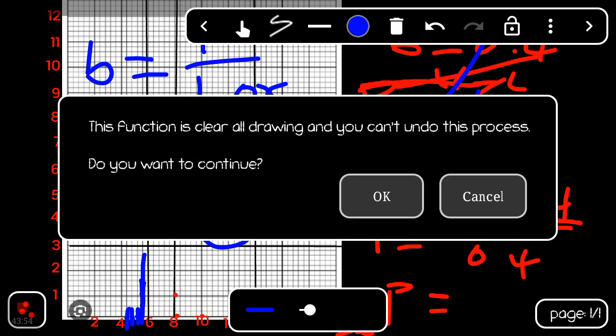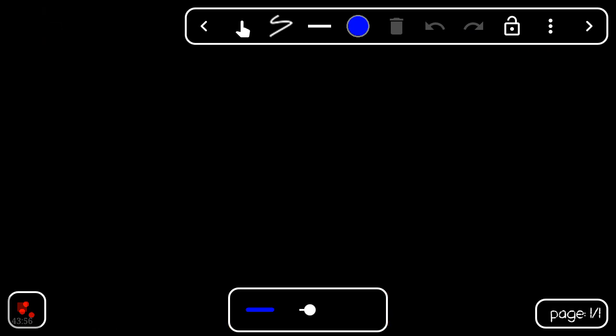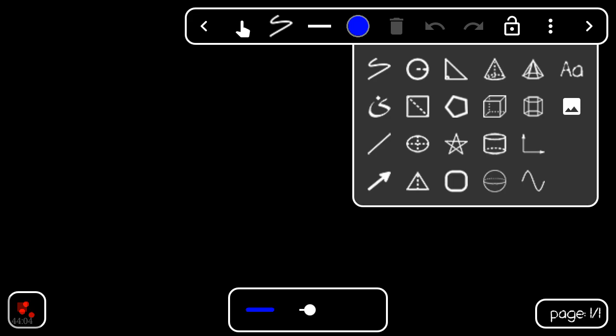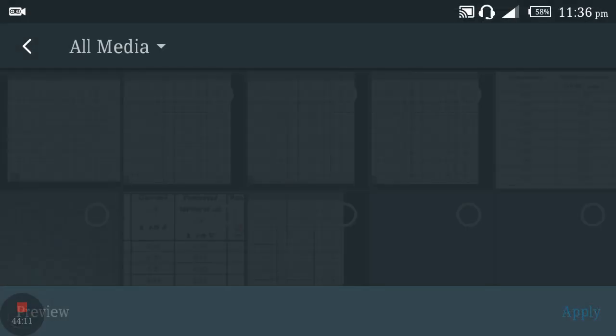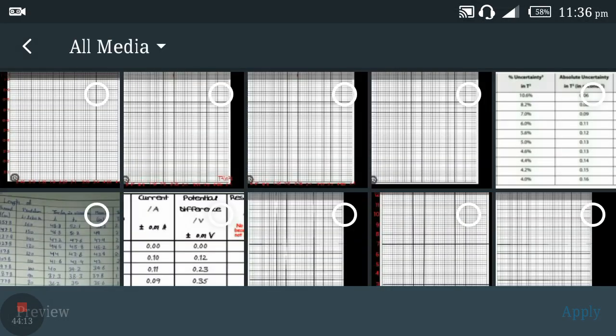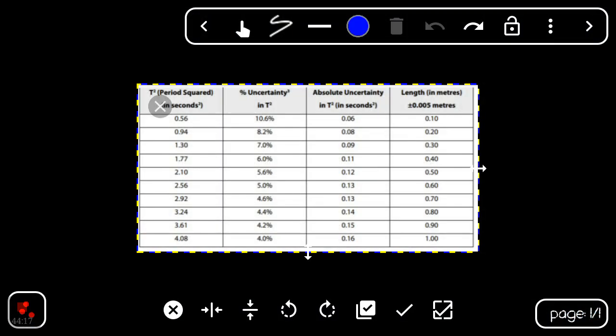So now let's go to our real world example that we're going to use, our graph from a physics practical. So here we have a physics practical, which is already done, and we just have the table of values. I'm going to plot it.